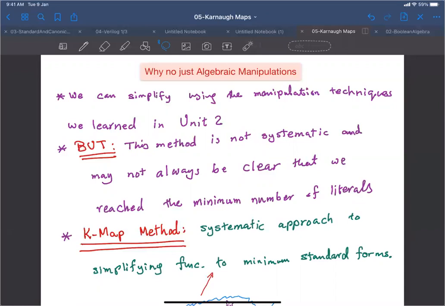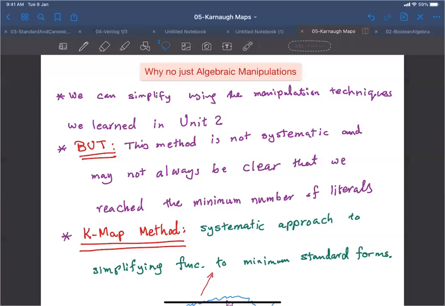The bottom line here is that algebraic manipulations are good, but they are difficult, and it is not easy to see if we are already at the minimum expression or not.